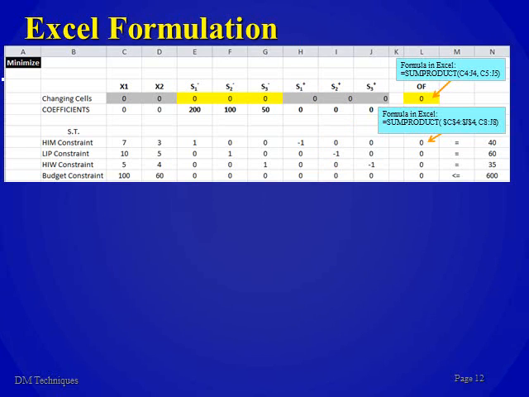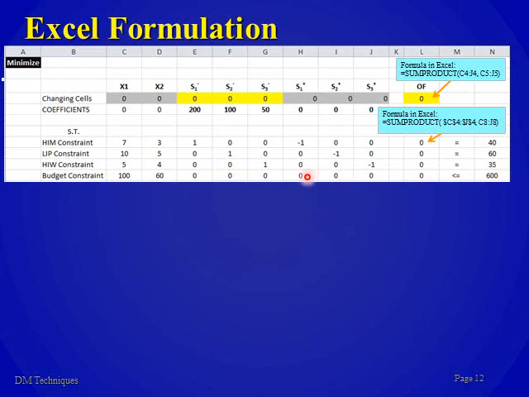The way you set this up in Excel, this is the sum of the products of this whole constraint: the coefficients of the constraints times the values for the changing cells. This is pretty typical, and the sum of products has to be equal to the right-hand side values, which are 40, 60, and 35 million people.